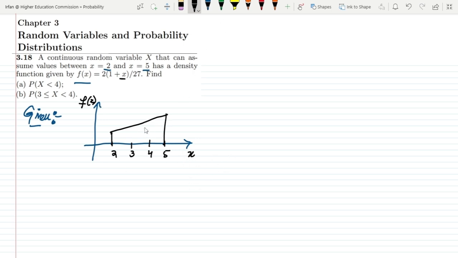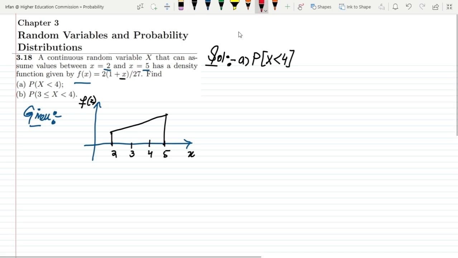Now, in order to find the different values, let me solve it. In part A we have to find the probability that x is less than 4. This x less than 4 lies in this range. I'm not going beyond this because the function is already 0.